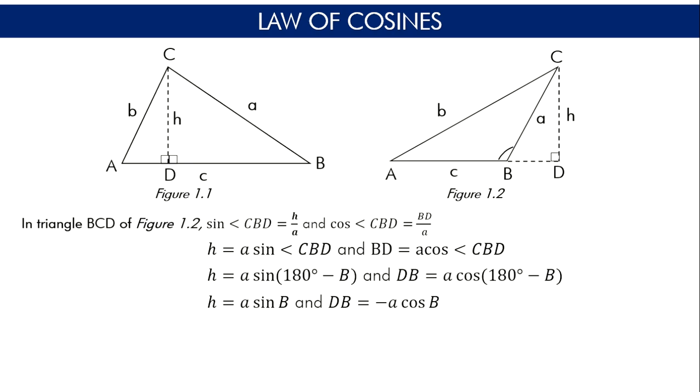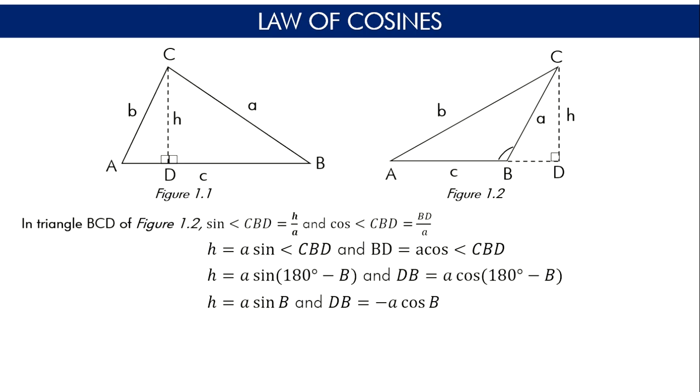With that, we'll obtain h equal to a sine B here, and here DB is equal to negative a cosine B. Again, cosine of 180 degrees minus B is the same as negative cosine B.